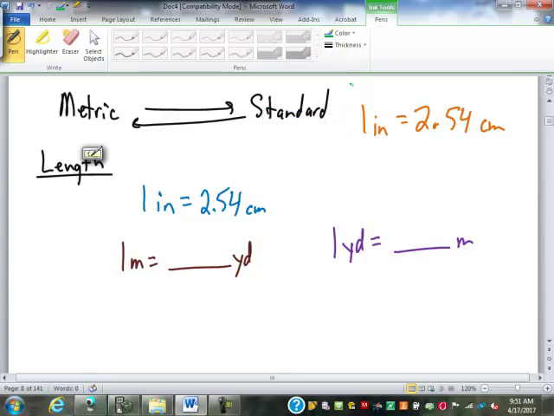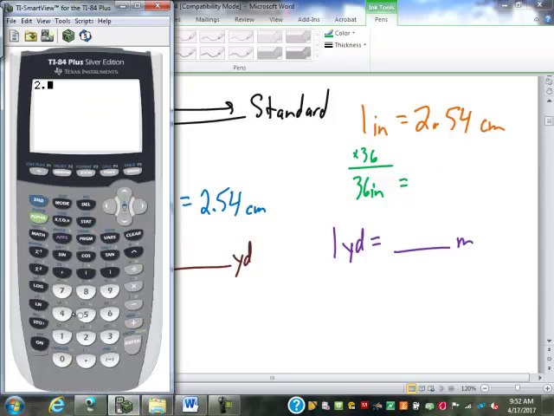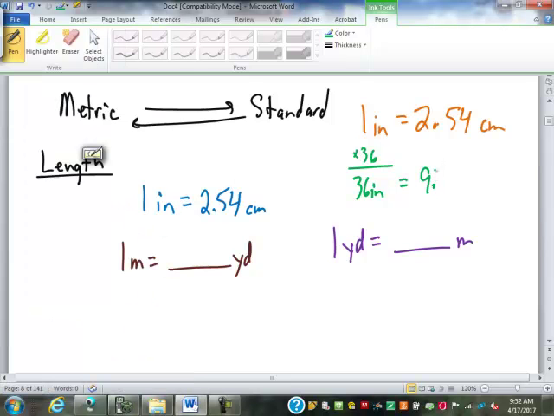So here's what I'm going to do. I have this equation here, 1 inch equals 2.54 centimeters. I multiply by 36. 1 times 36 is 36 inches. 2.54 times 36 is 91.44 centimeters. 36 inches is 1 yard. 91.44 centimeters.